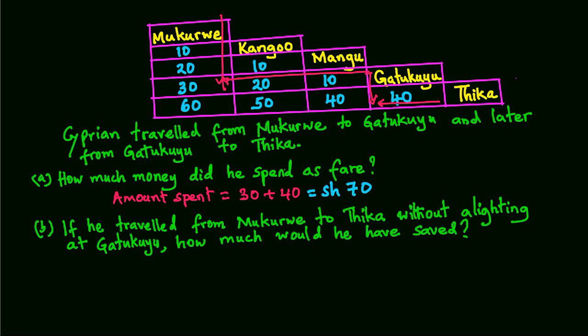So the direct route from Mukuru to Thika, that is the express, we simply call it express route, will cost 60 shillings.